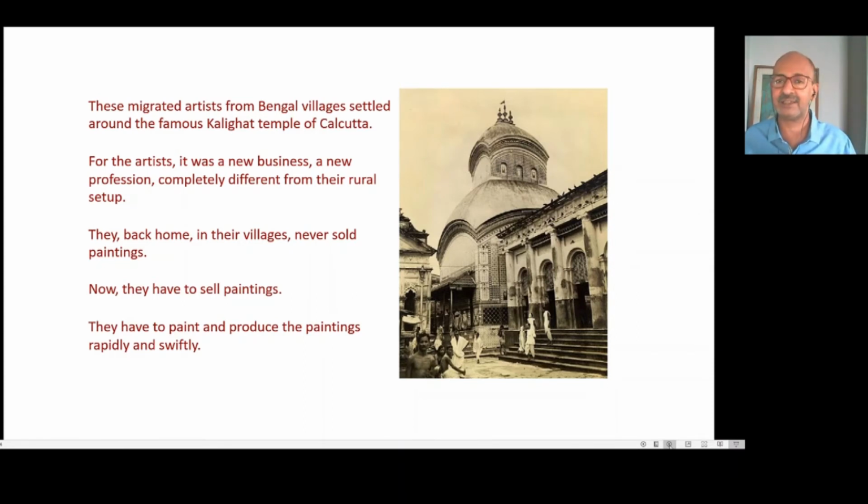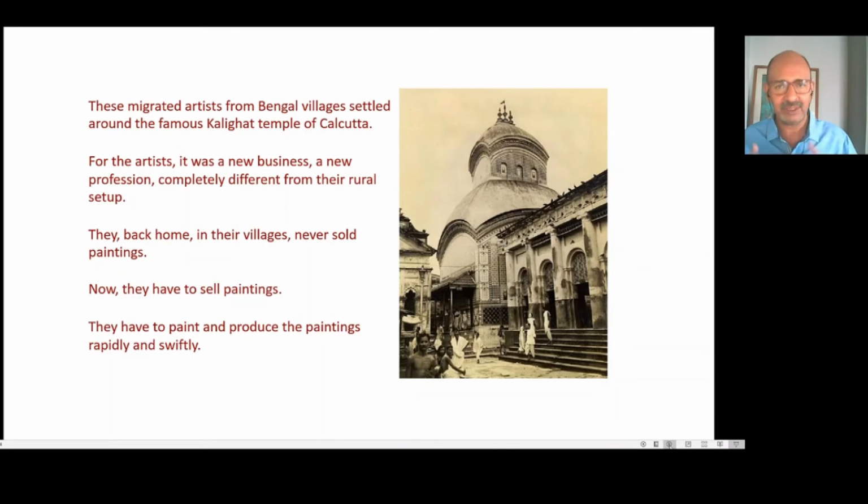We need to remember that the traditional scroll paintings, which in Bengali are known as Joranopot, or square rectangular formats of paintings, which in Bengali are known as Choukopot. Choukopot they still used to sell, but they never sold the scroll painting. They were meant to be shown as a part of demonstration while singing along.